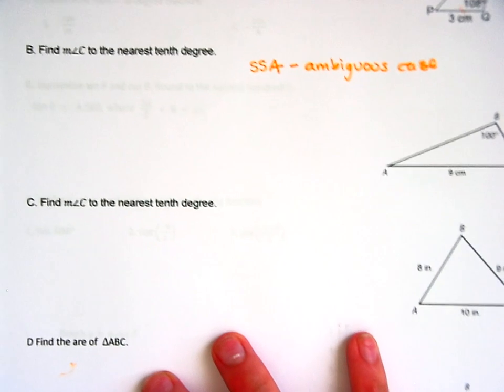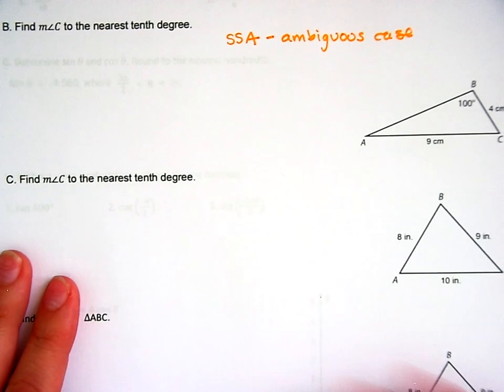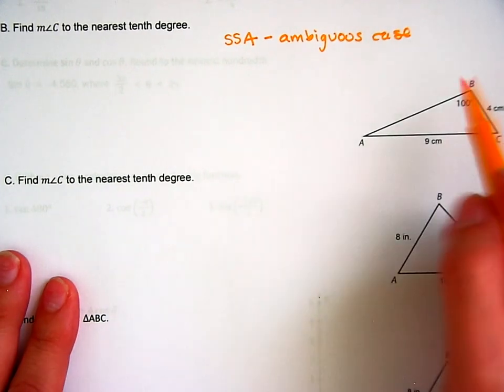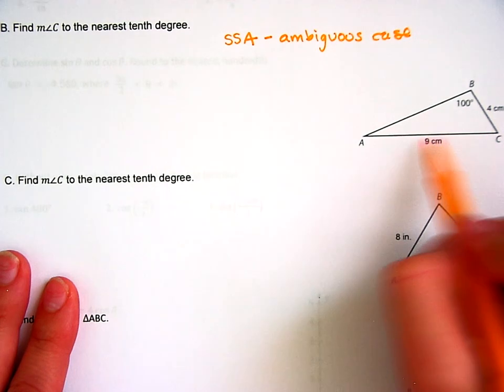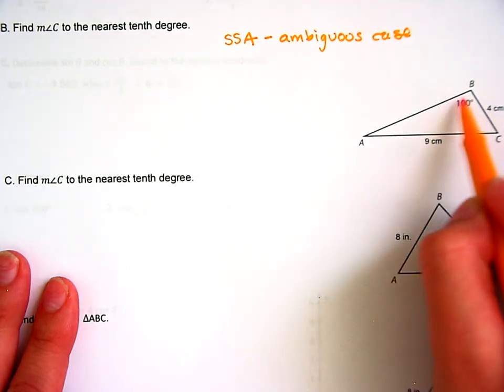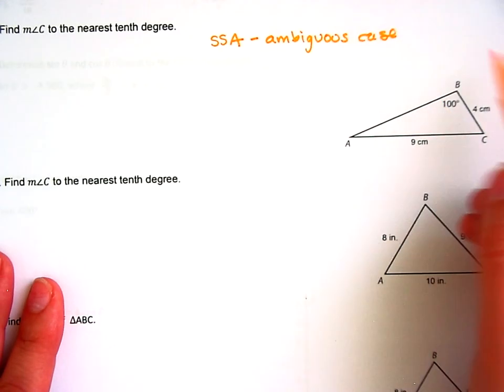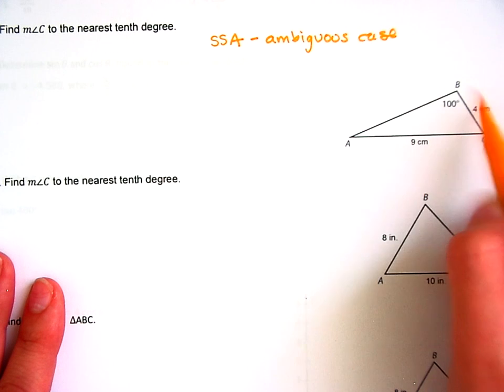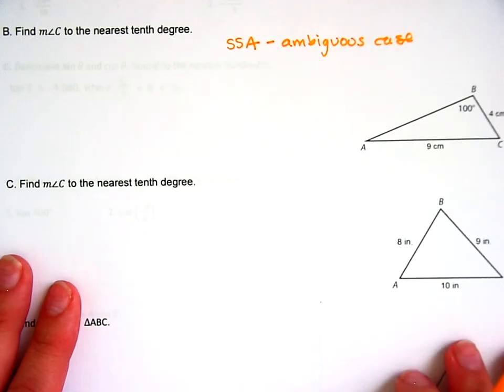So the law of sines tells us that the ratio of a side length and sine of the angle opposite equals sine of an angle over the side opposite. So let's set up that proportion.